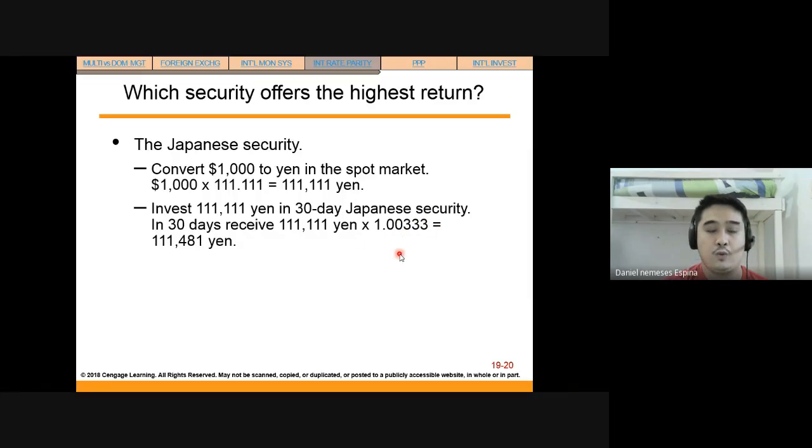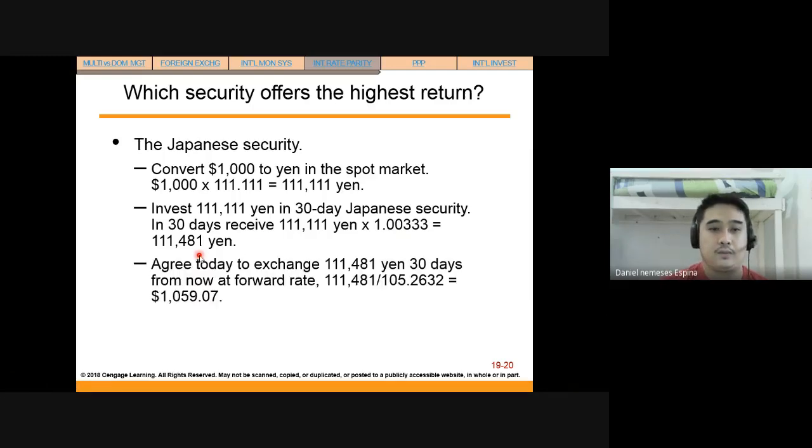So we already calculated this. This is the periodic nominal rate for 30 days. So the 111,111 yen is now equivalent to 111,481 yen after 30 days.